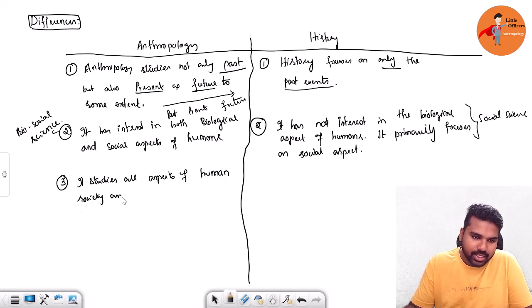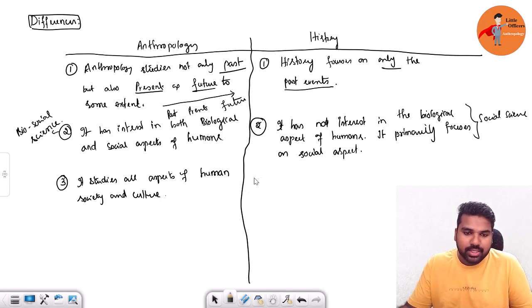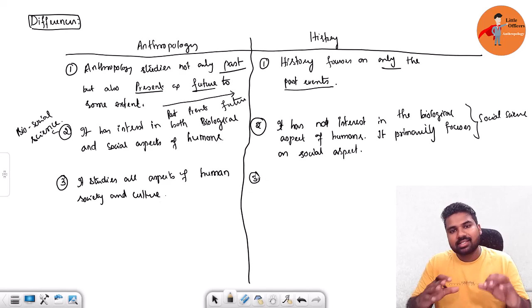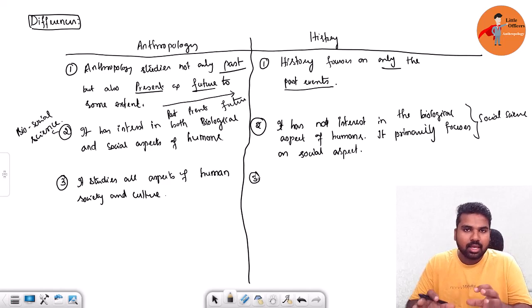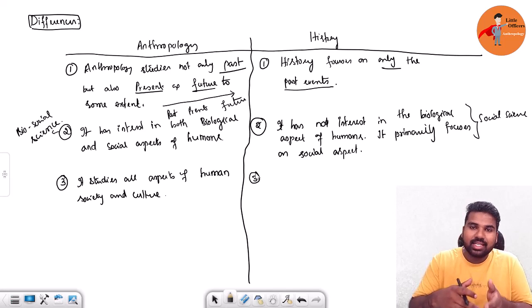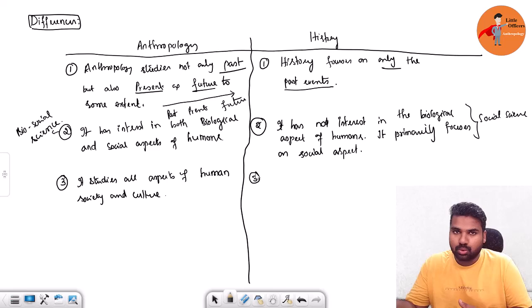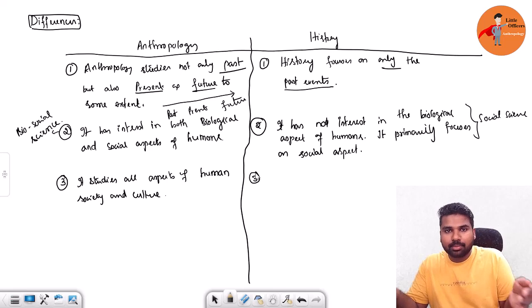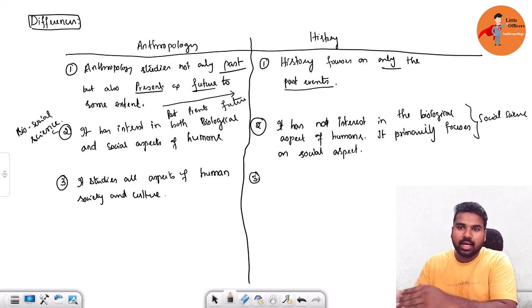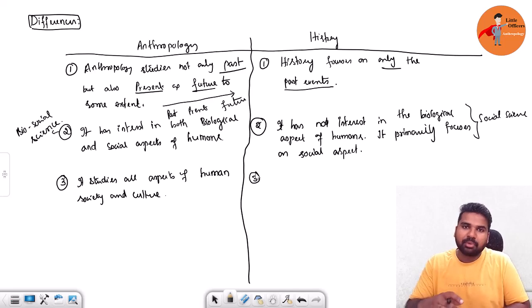But when it comes to history, yes, it also focuses on other aspects, but the primary focus is always on the political aspect. That is, who came to power, what is the descent, and what is the ascent to the throne. Who was born from whom in chronological order, who came to power and how they ruled. It focuses on this.